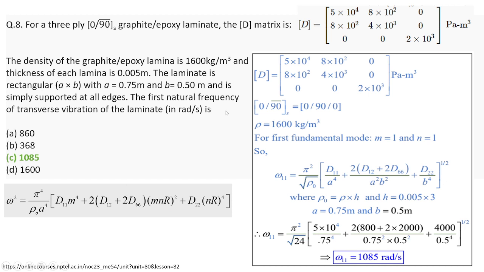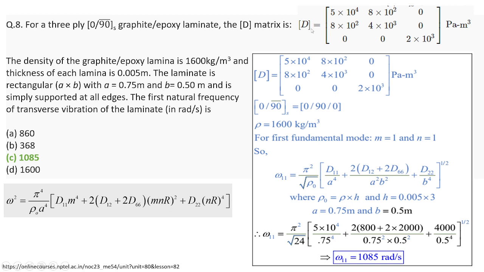The equation to find the natural frequency of the transverse vibration of the laminate is given by this equation. Here in the question they ask for the first natural frequency of the transverse vibration. To find the first natural frequency, we consider the first fundamental mode, m and n equal to 1. Now putting that value here, considering m and n equal to 1, and r here is the aspect ratio, that is a by b. We are given the values of a and b.